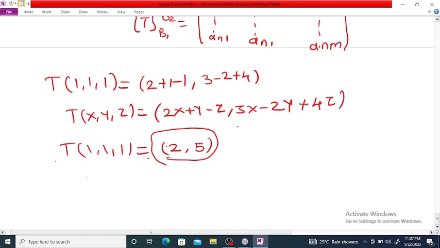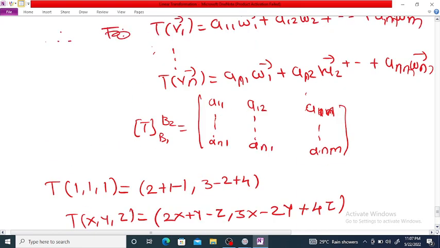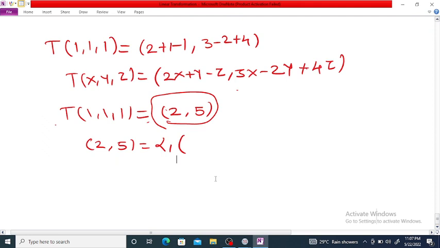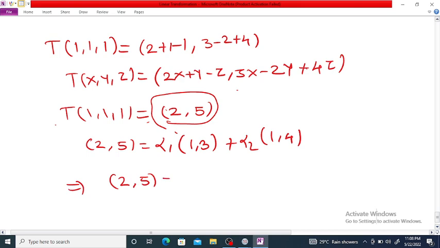For that we consider (2 5) is equal to alpha 1 times (1 3) plus alpha 2 times (1 4). Simplifying, we get (2 5) is equal to alpha 1 plus alpha 2, and 3 alpha 1 plus 4 alpha 2.